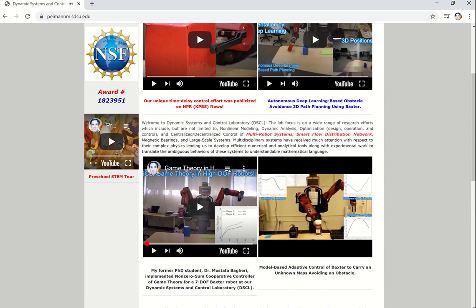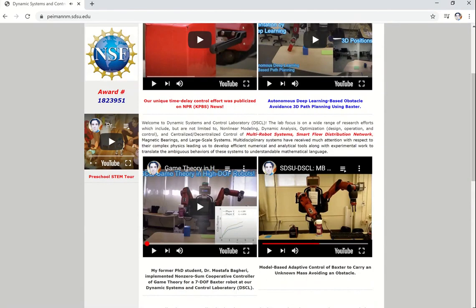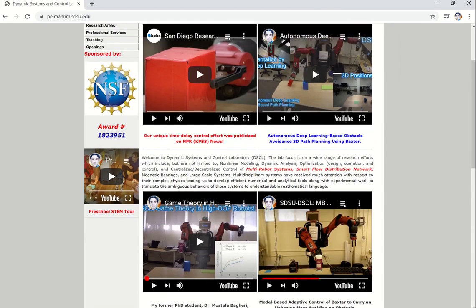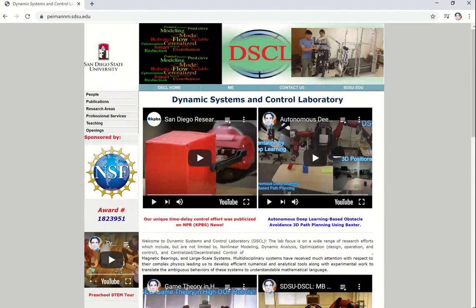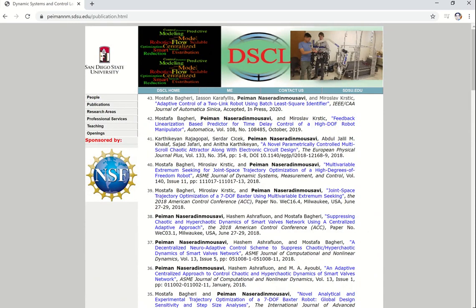See that? Even implementation of this control system on a real robot system is very challenging with respect to many things: computational efficiency and the interface between the code that you are developing and the real robotic system. You can go and look, we are publishing a lot on robotic systems.